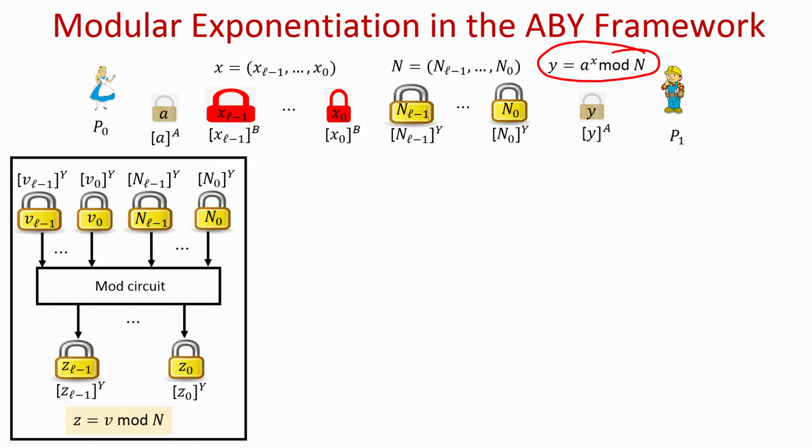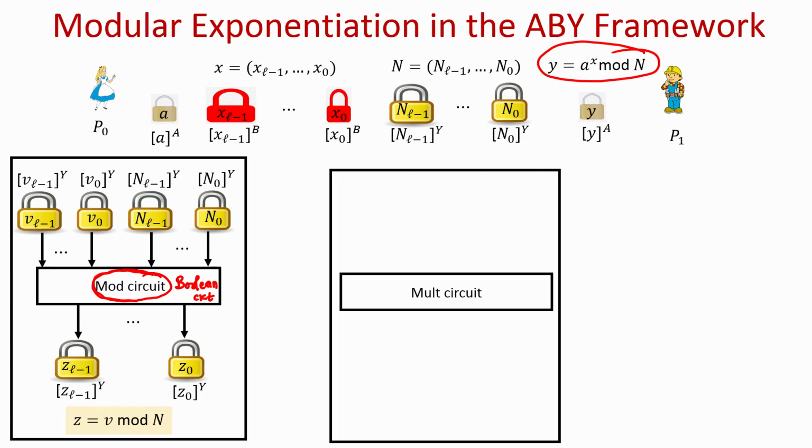Okay, so whatever the mod circuit is, you can compute v modulo n based on a division method or the repeated subtraction method. Whatever that circuit's logic is, it is a Boolean circuit, and that circuit can be evaluated as per the Yau's protocol.